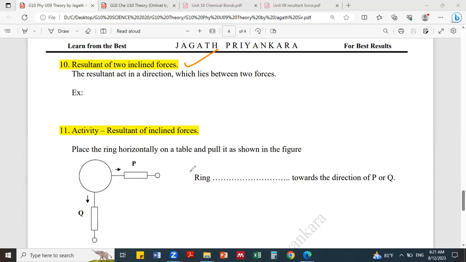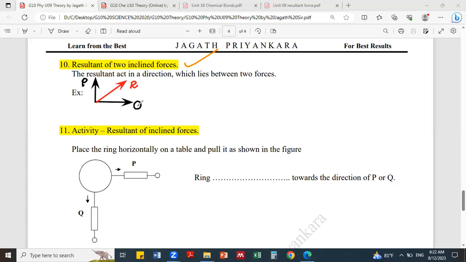Now here also I have given an example. If you can make a small sketch of this, you can write one force this side. Then this way the resultant R. Again, mark this way also if you want.